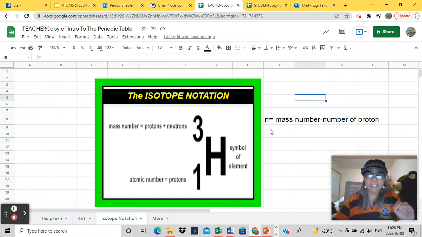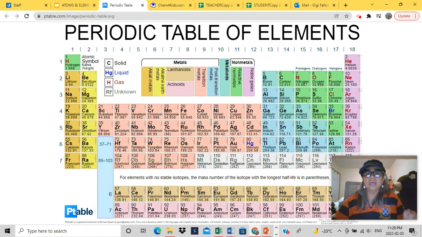Again, you have the symbol. The number on top would refer to the mass. And where is the mass when you have the periodic table? It is the number with those decimal places rounded off to the nearest whole number.